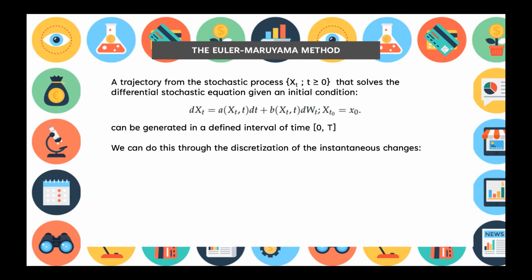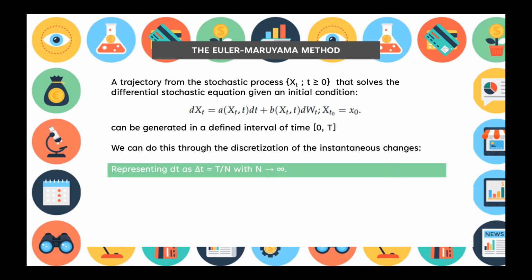We can do this through the discretization of the instantaneous changes, representing the derivative dt as delta t equal to t divided by n, with n tending to infinity.